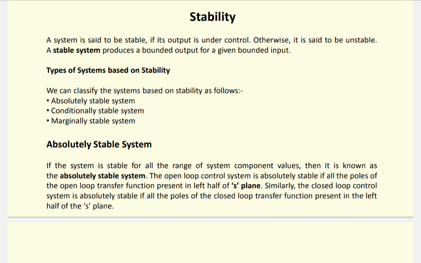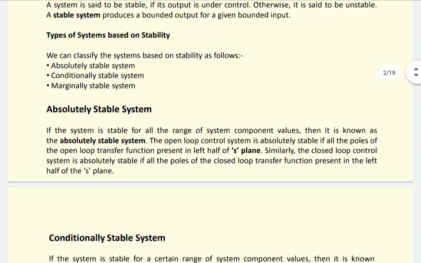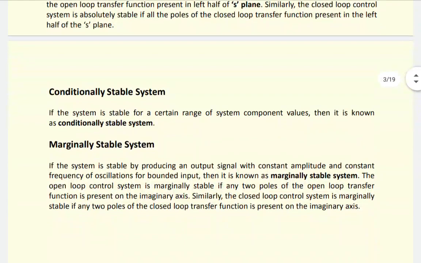Now, a system is conditionally stable if it is stable for a certain range of system component values.